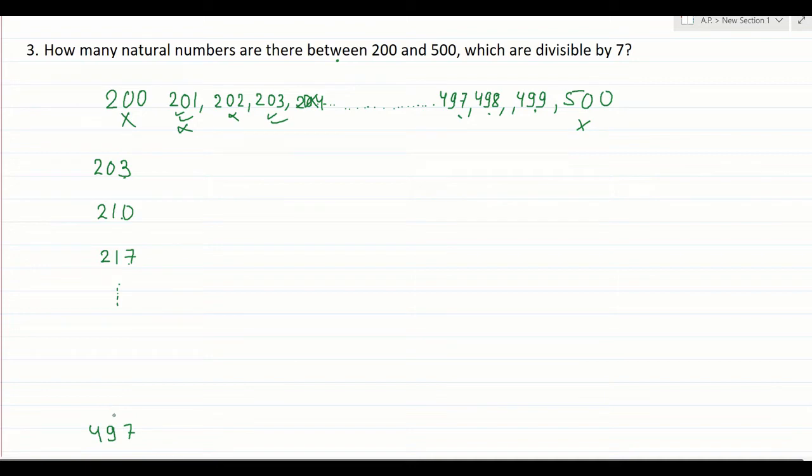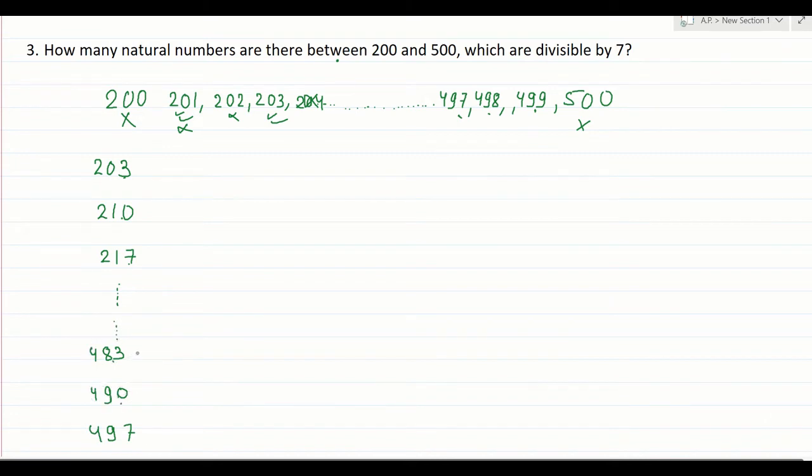Isn't this? Now may I know a number which is before 497 and which is divisible by 7? It is 490. What is the number before 490? It is 483. So how am I getting these numbers? I just need to find the last number and subtract 7 from it. For example, from 497, if I subtract 7, I am getting 490. And from 490, if I subtract 7, I get 483 and so on.